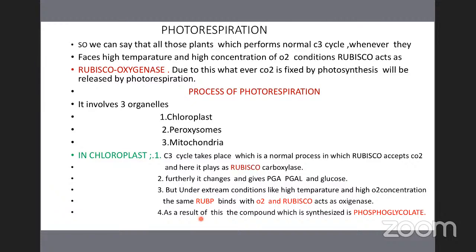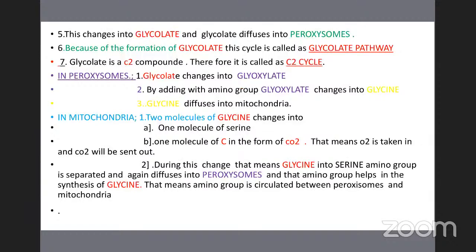As a result, in the presence of RUBP oxygenase, a compound is synthesized which is called phosphoglycolate.